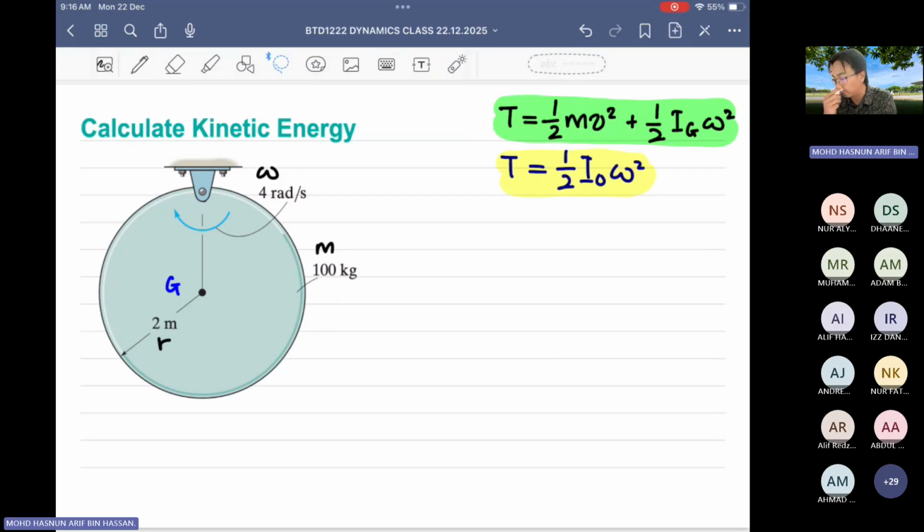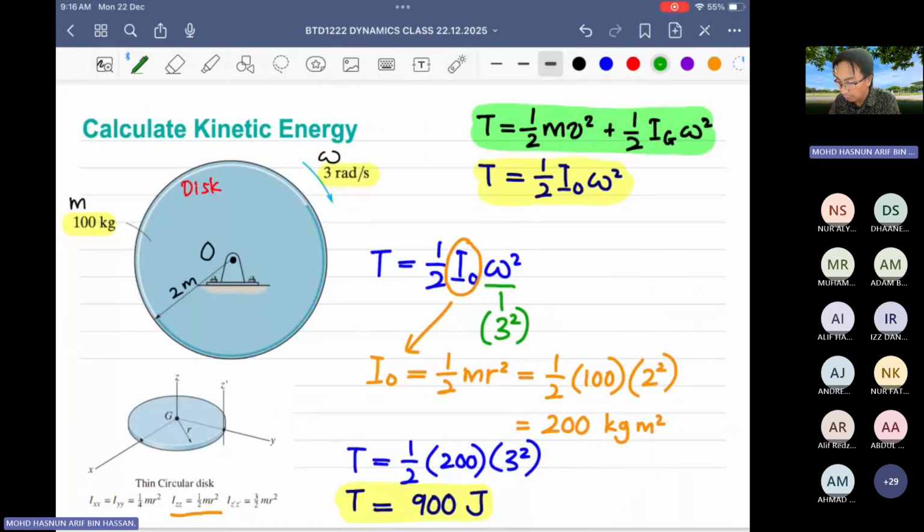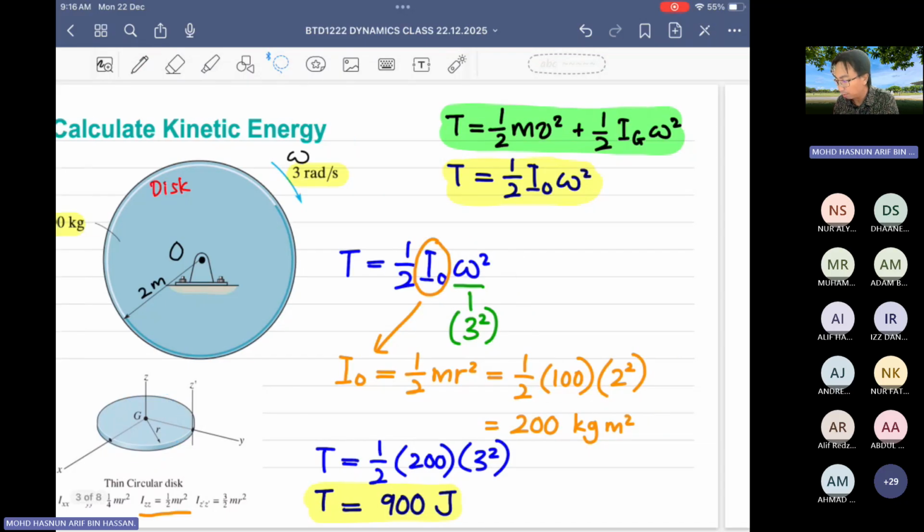But if you want to use the first one, it should be no problem. To use the second formula, T is equal to 1/2 IO omega square, we need to find IO. We know that IO is equal to IG plus MD square. So let's also copy the thin circular disc here, because this is the shape that we have.